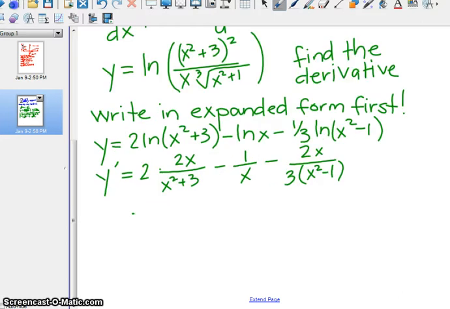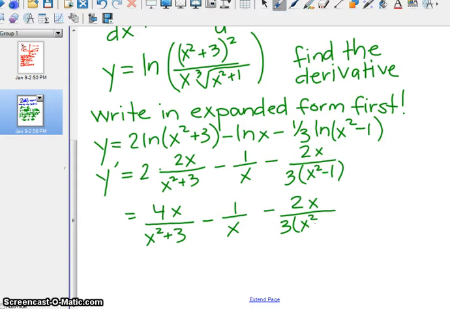I am going to simplify that a little bit. I'll write it as 4x over x squared plus 3 minus 1 over x minus 2x over 3 times x squared plus 1. And that is the first derivative. Of course, you will use the first derivative to find where a function is increasing, decreasing, and its critical points.